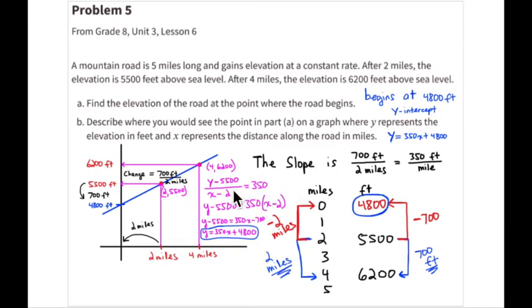All right, so to write that equation, you can call this point right here x and y. So now we know the slope. The slope is 350 feet. So that's the right side of the equation. To write the left side with the x's and the y's, we're going to call this point right here x, y. So to get to that point, you start on the y-axis, and how far do you go up before you actually start drawing the slope triangle right here?